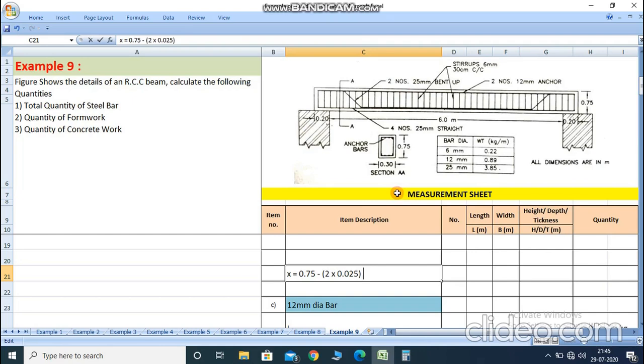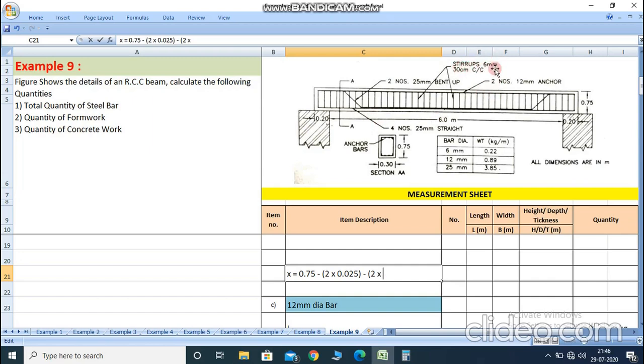Then after minus, here stirrup is provided. Clear? So minus stirrup. Stirrup is provided on both the sides. So here minus 2 times diameter of the stirrup. Stirrup diameter is given 6 mm.